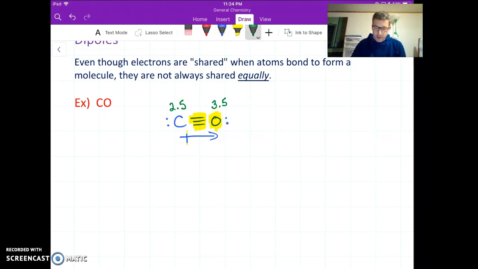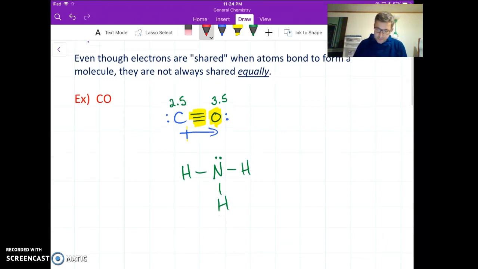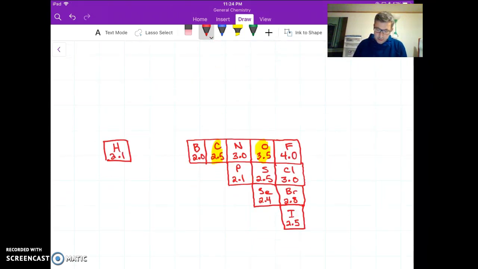So let's try another molecule. Let's try NH3. So that's the Lewis structure for NH3. It is a pyramidal molecule, or trigonal pyramidal molecule. And if I look at the electronegativities for nitrogen and hydrogen, again, nitrogen 3.0, hydrogen 2.1.